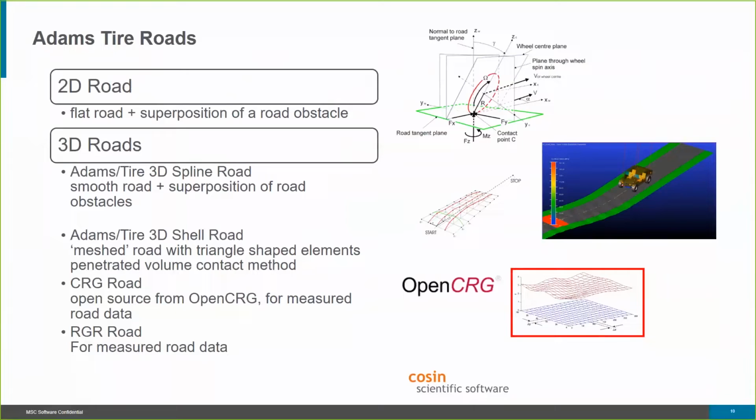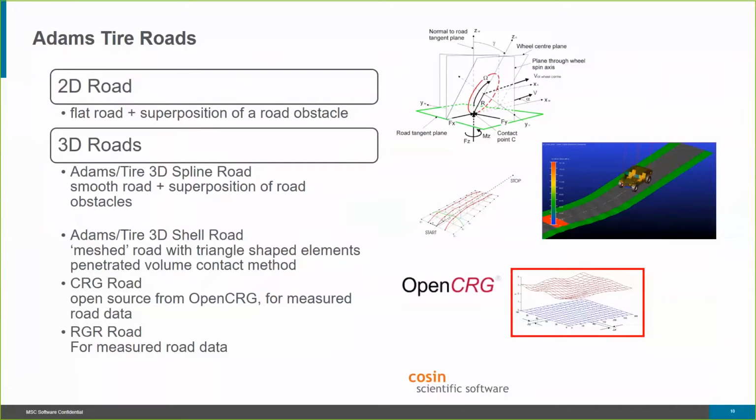And then also the more accurate road representation is the 3D roads, and these are the Adams tire 3D spline road and the 3D tire shell road as well, or the meshed road as it's better known. And then there's the CRG road, which is an open source, OpenCRG, which measures the road data.